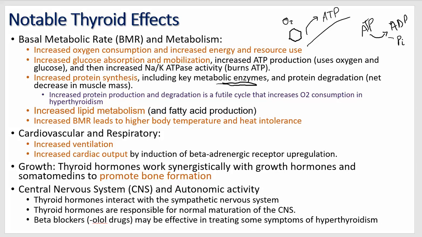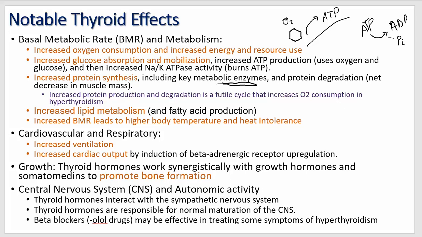So these things are both happening, and the thyroid hormone will cause that to happen. And this is one of those things we know because we can measure it, if you have increased thyroid hormone, so hyperthyroidism, then what we see is that this increased protein production and degradation is a futile cycle. It's not really doing anything productive.